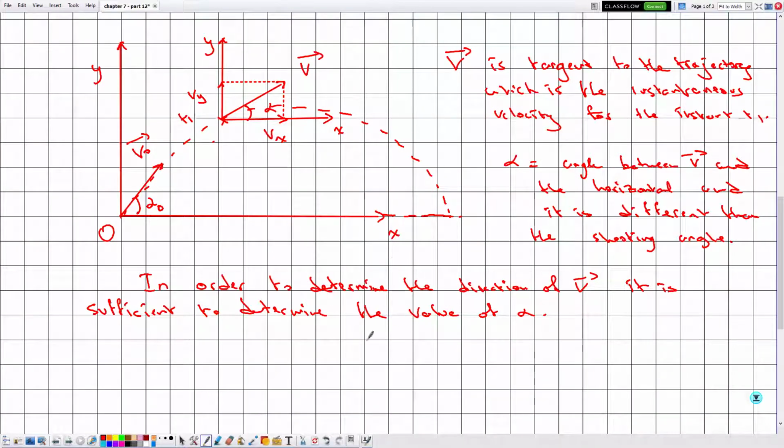Okay, so it's sufficient to determine the value of alpha. Then in this case, tangent alpha for any vector v, which is the velocity at any instant, is given by Vy divided by Vx, in which alpha represents the angle between V and the horizontal axis.